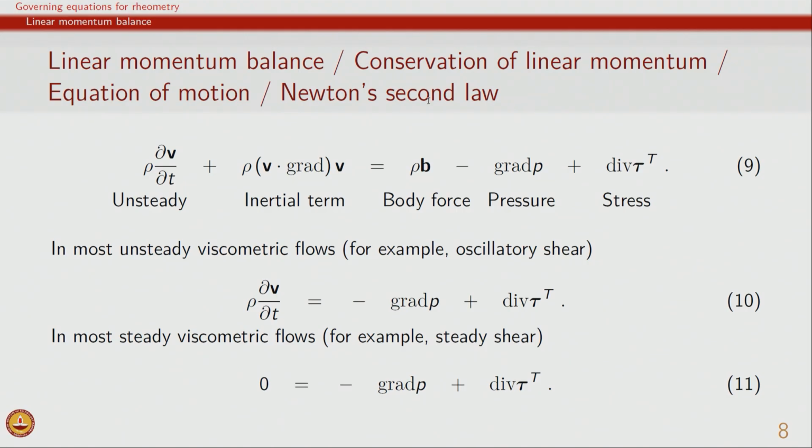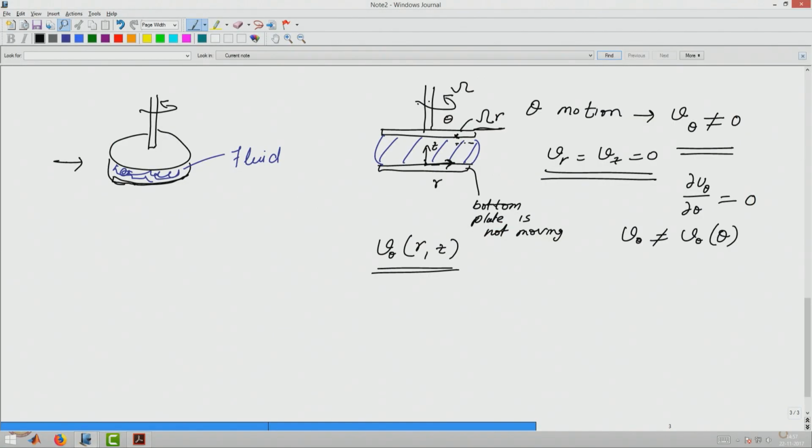Newton's second law states that the mass times acceleration is the overall sum of forces, and as we have seen in this course earlier, in our case we will have body forces and the contact forces, and the sum of these will have to be mass into acceleration. So, this is basically Newton's second law.